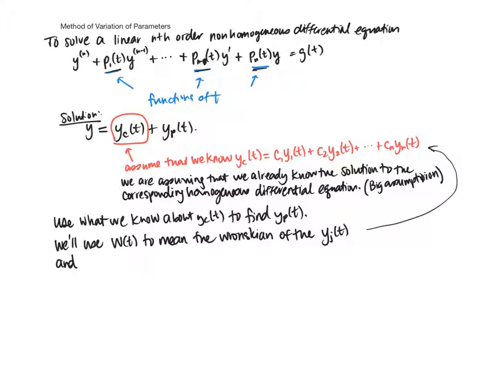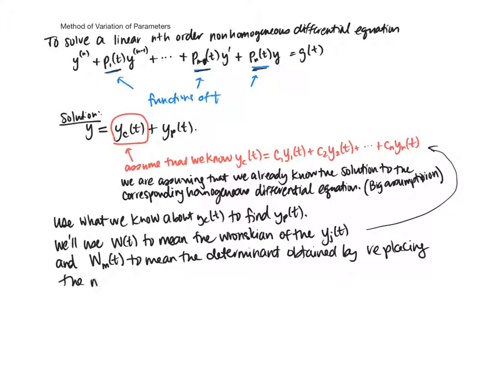And we'll use this notation Wm of t to mean the determinant obtained by replacing the mth column with this column vector 0, 0, 0, 1.